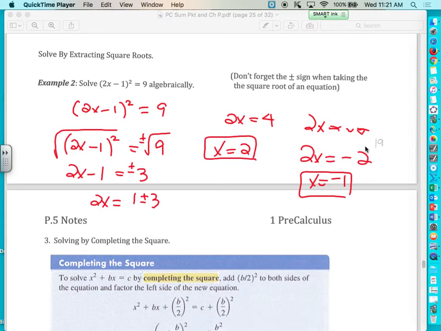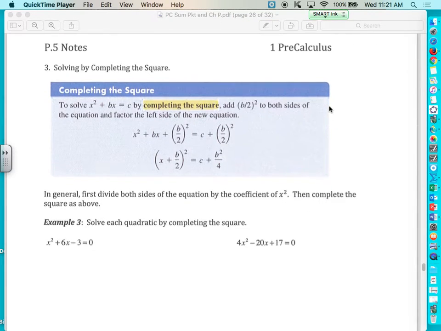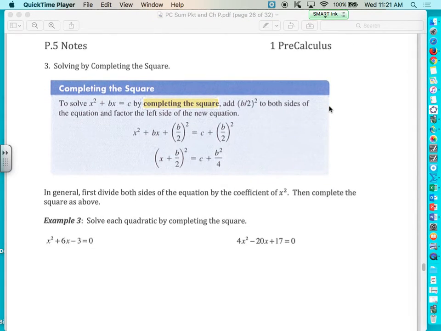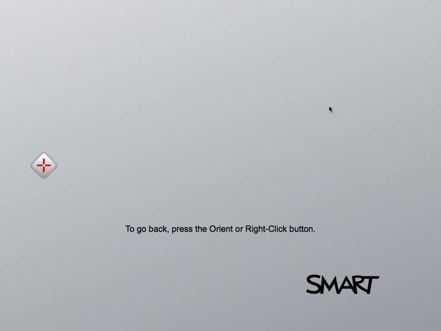It's more work, though. So let's look at completing the square. Completing the square is one way you can solve a quadratic equation that maybe doesn't factor, or maybe it factors but you just didn't see how.